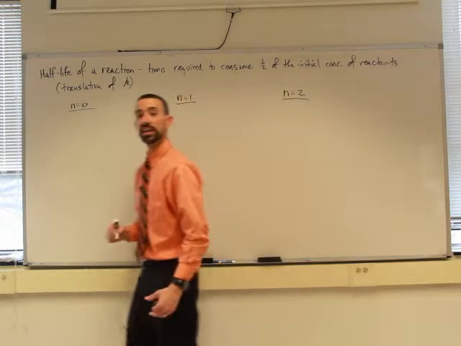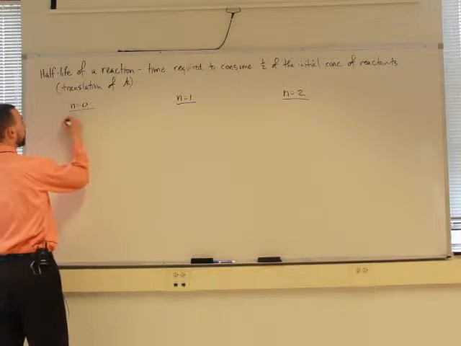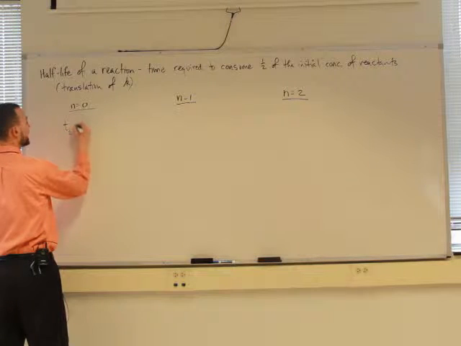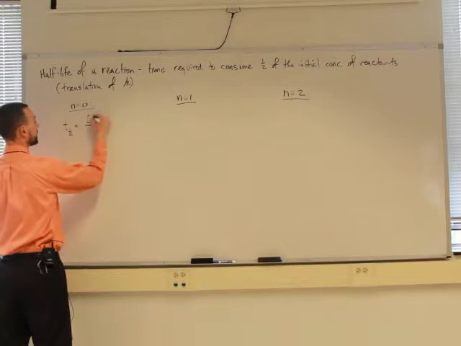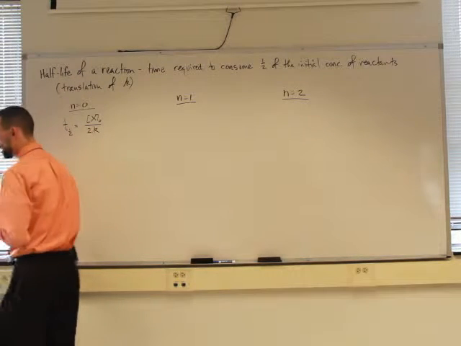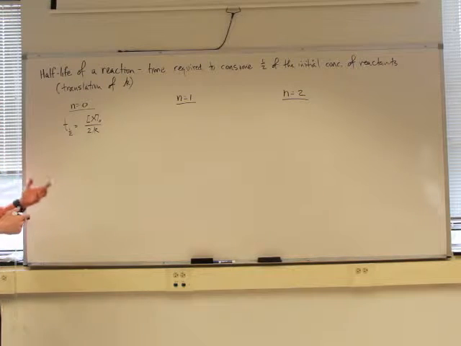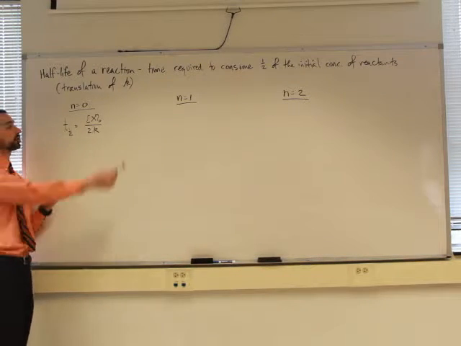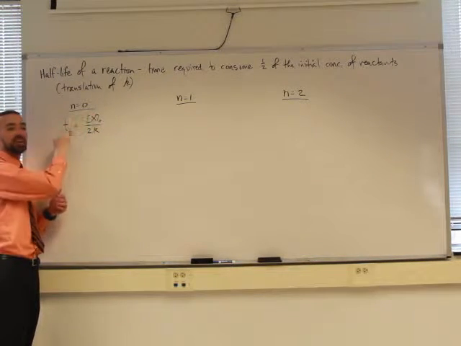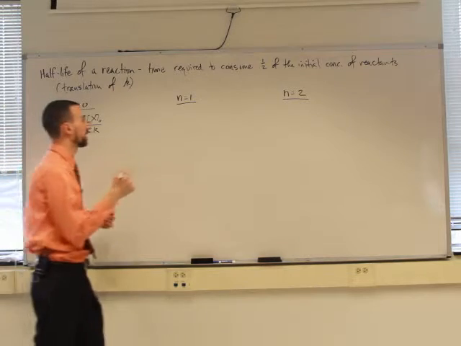Just like the integrated rate laws did, okay? For a 0-order reaction, the half-life is going to be the initial concentration divided by 2k. What you see here is that as you add more stuff, the half-life gets longer. Makes a lot of sense for a 0-order reaction.